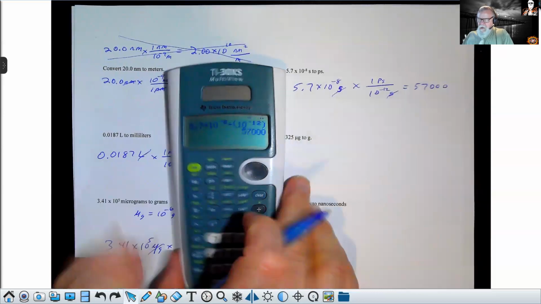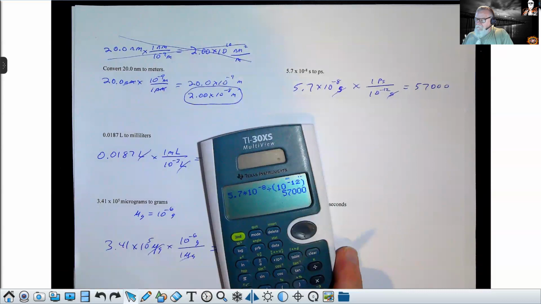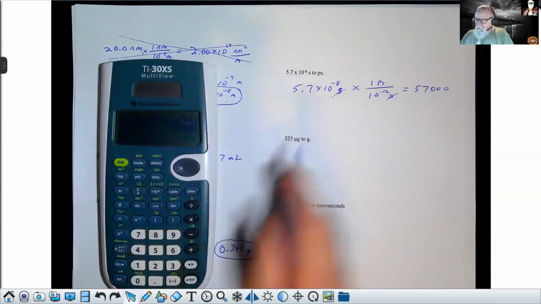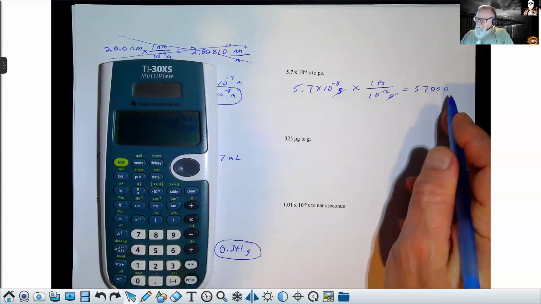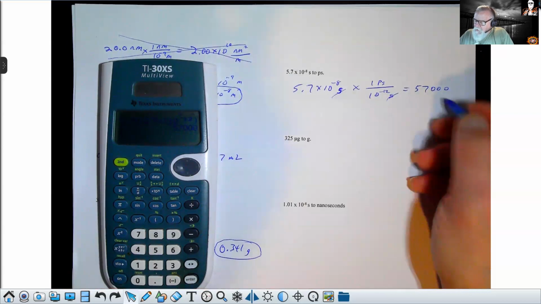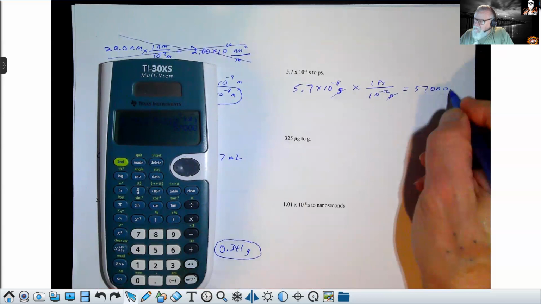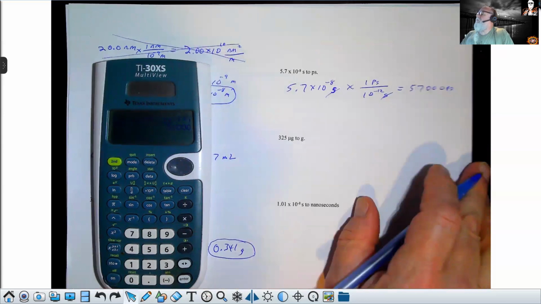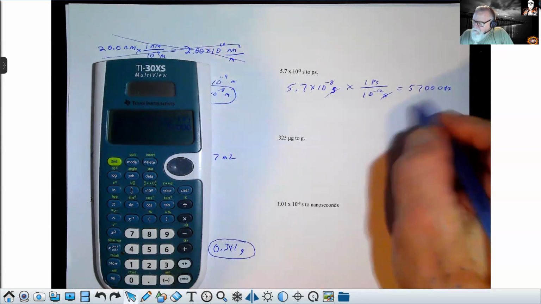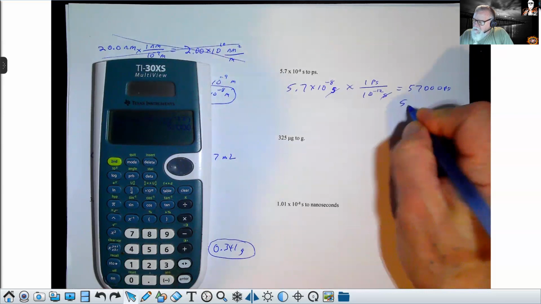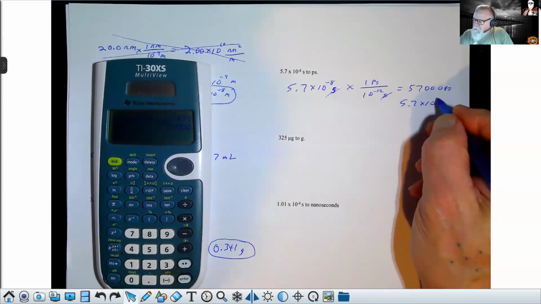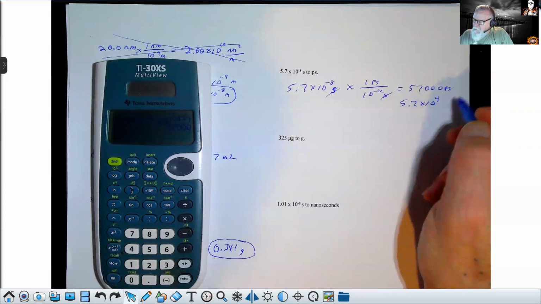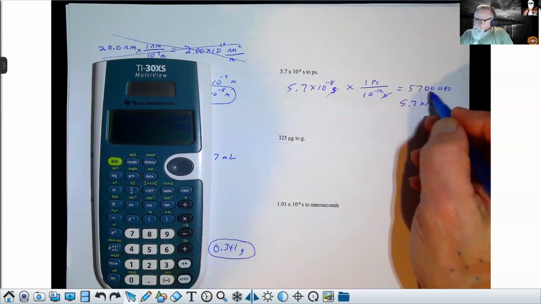57,000. Now, I did not go through these to do sig figs at this point. We have 2 sig figs here. So really, this is perfectly fine. We can keep that as 2 sig figs right there. But it's going to be in picoseconds, right? We need to have that there. A better way to write this would be 5.7 times 10 to the 4, right? 1, 2, 3, 4.